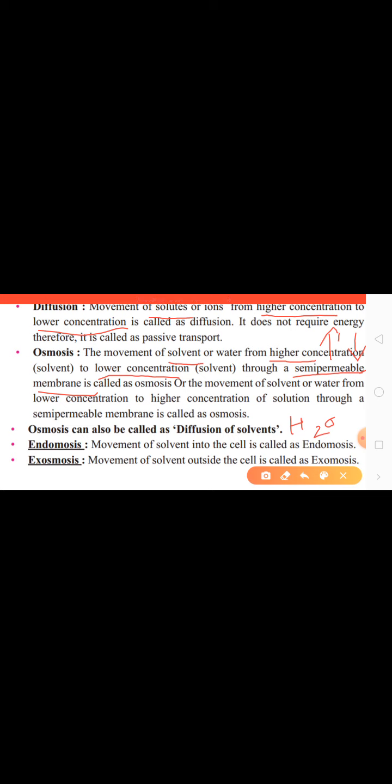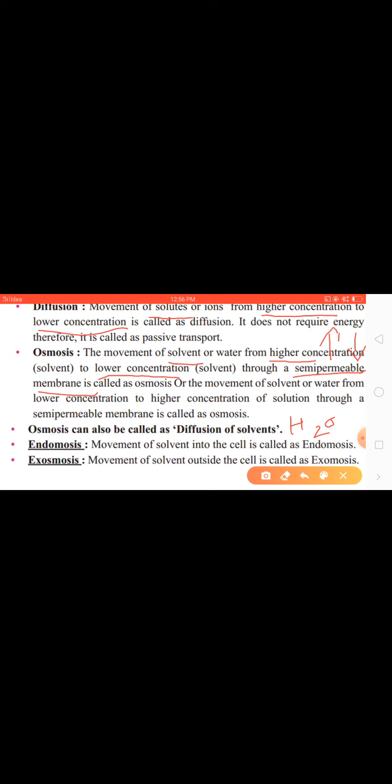So there are two ways. One is endosmosis, the other one is exosmosis. What is endosmosis? Endosmosis means movement of solvent, that is the water which is in large quantity, into the cell, means it will enter into the cell.